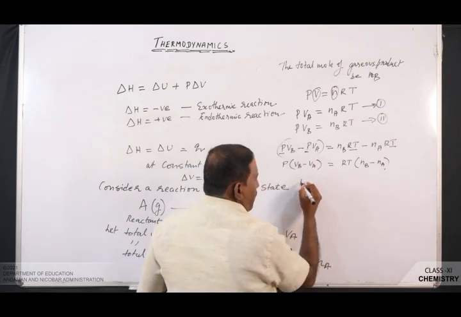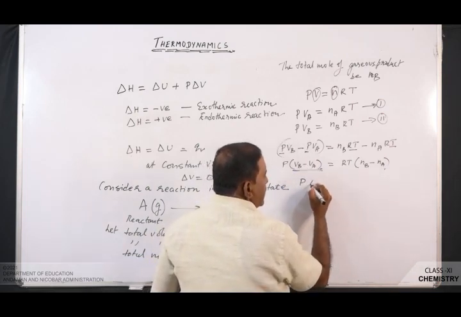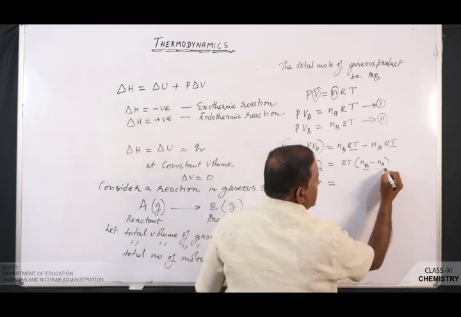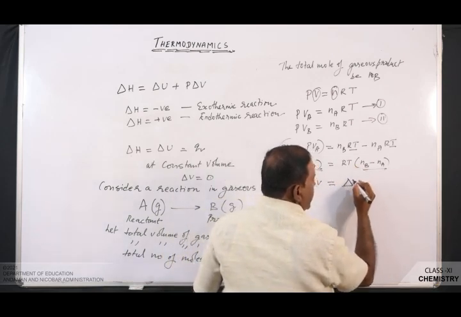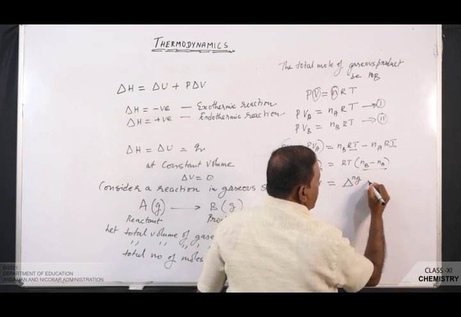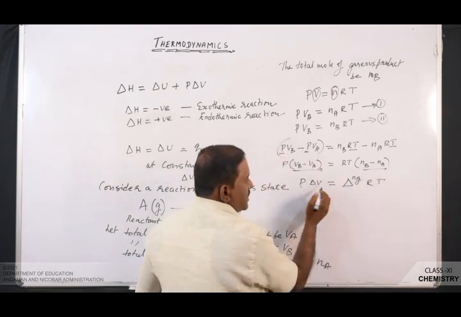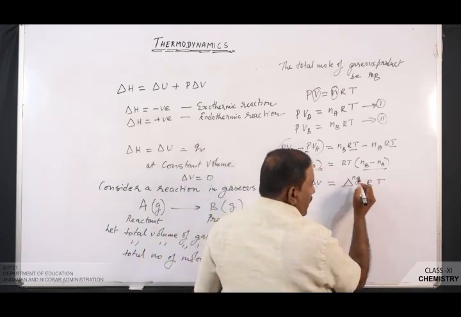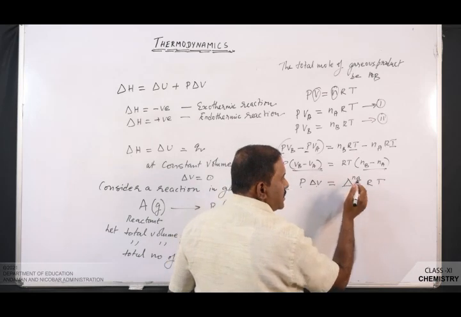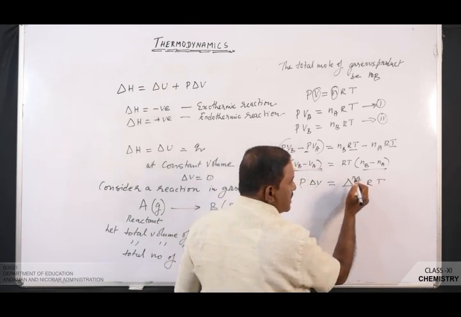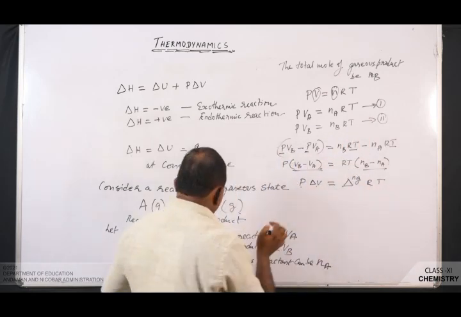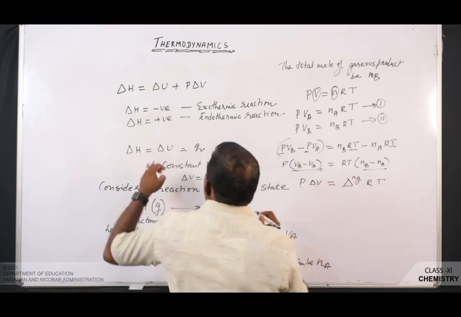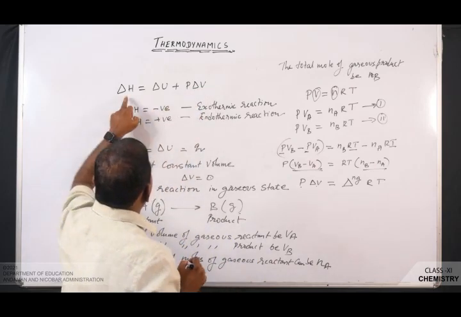So this is nothing but the change in volume, P delta V is equal to delta Ng RT. This is the change in volume from one state to another, and this is the change in the total number of moles from reactant to product. In place of P delta V, I will substitute this.